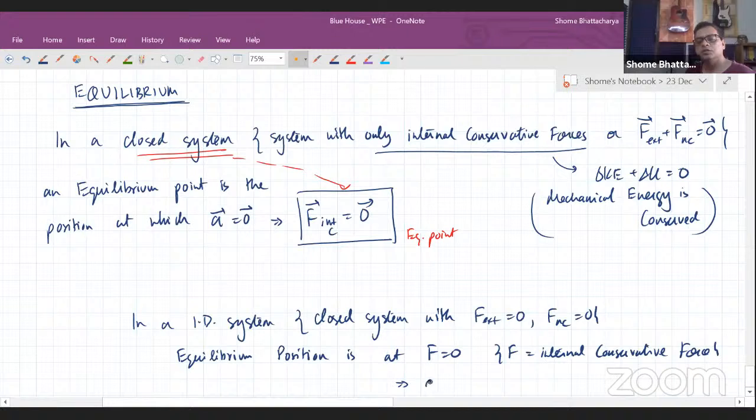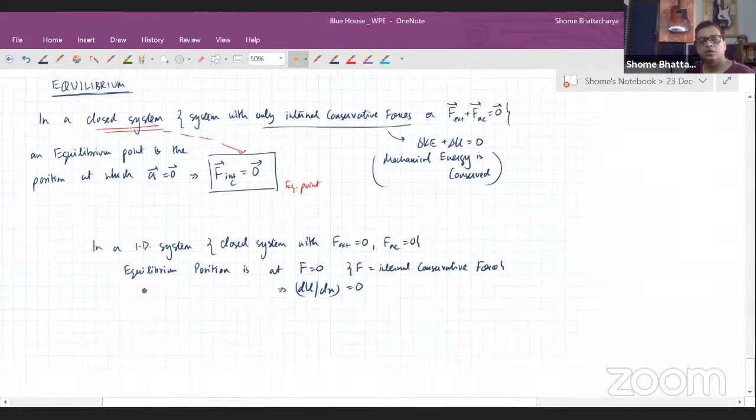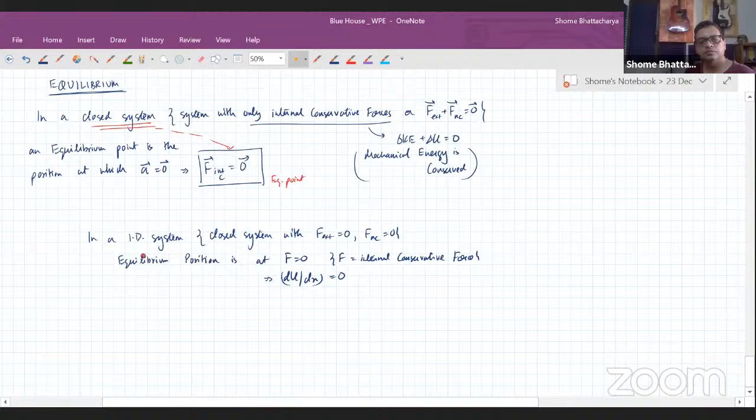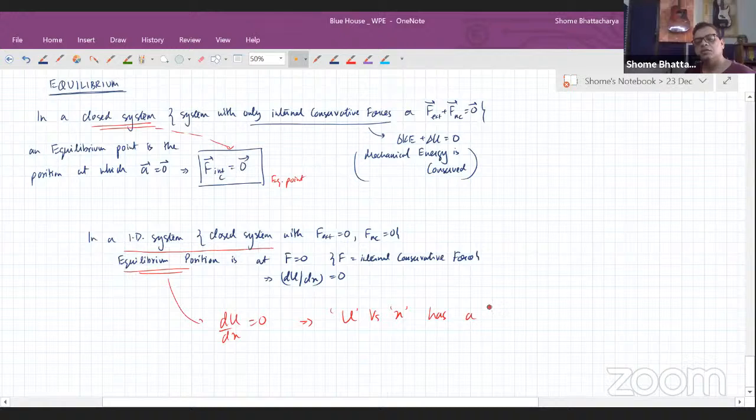So in other words, dU by dx equals 0. So in a 1D closed system, equilibrium point is where dU by dx is 0. It means that the potential energy versus x has a local maxima or minima at the equilibrium point.